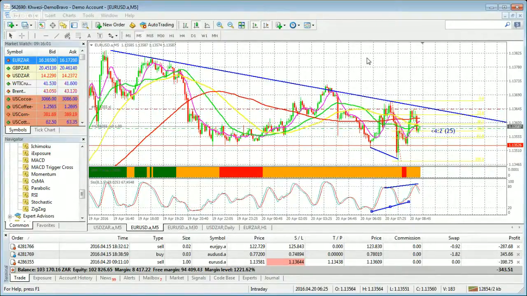And even after that big candle drop, there's still a lot of indecision.